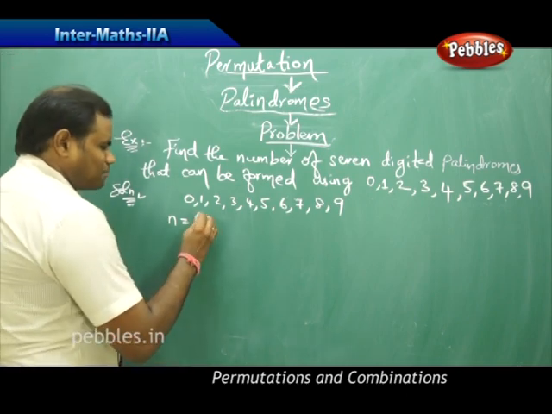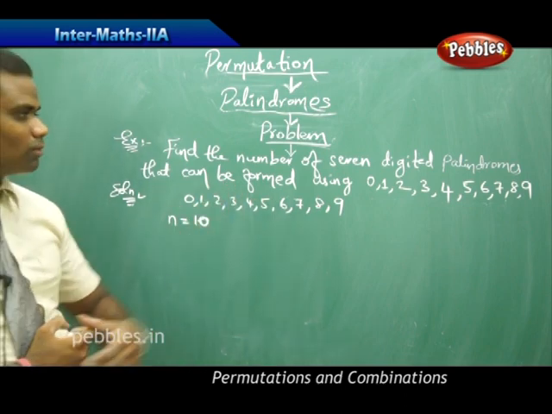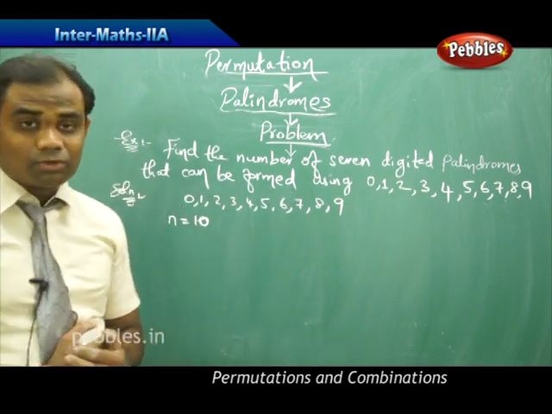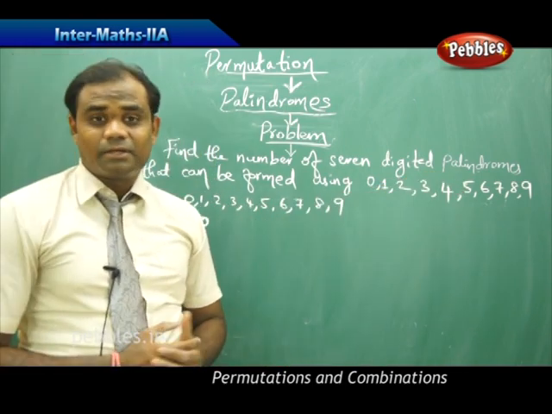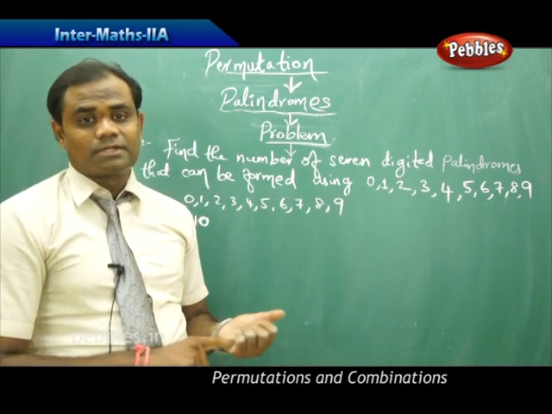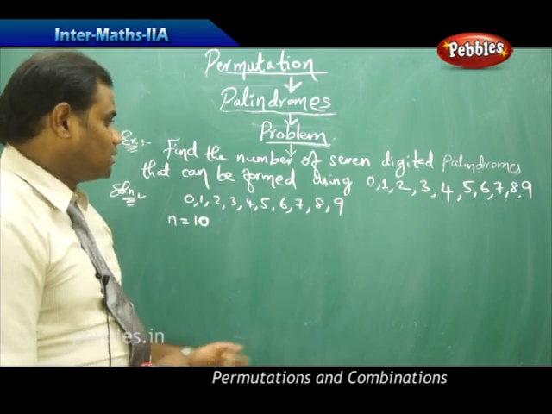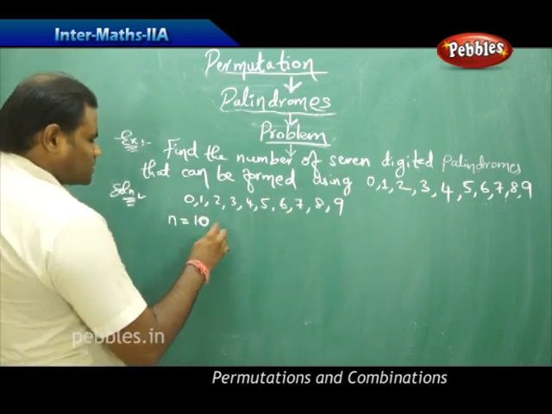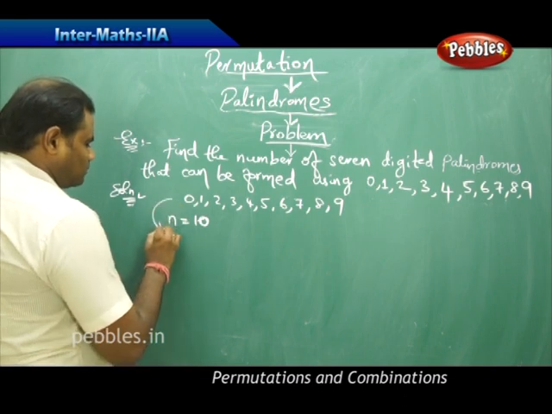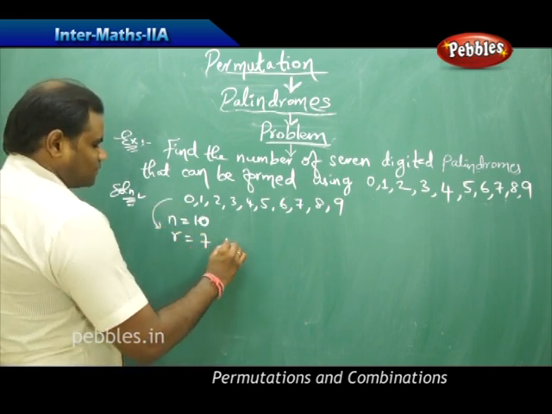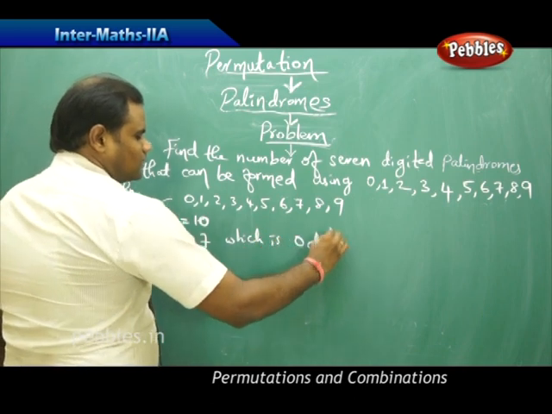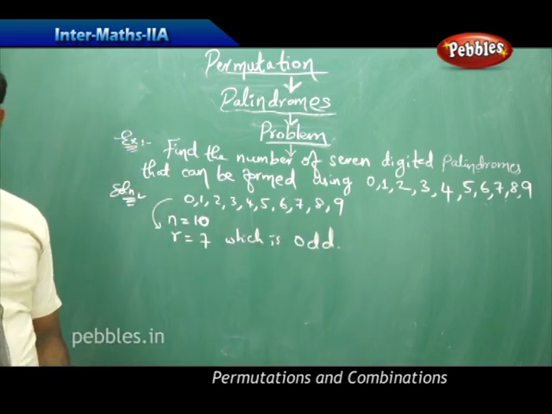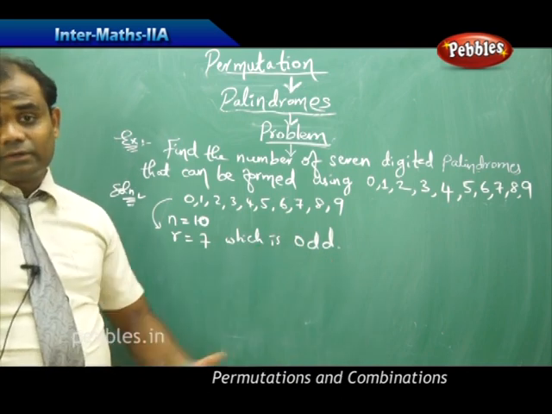I pick 7 of them to form 7-digit numbers, but they need to form palindromes. From the given problem, r is 7, which is odd, so this comes under the case of r odd.